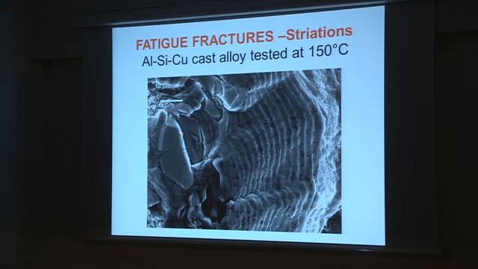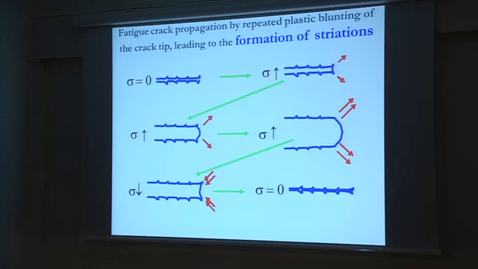These are silicon particles that are broken, and between this silicon particle and the next silicon particle there is a ligament that is broken by the mechanism of formation of striations.